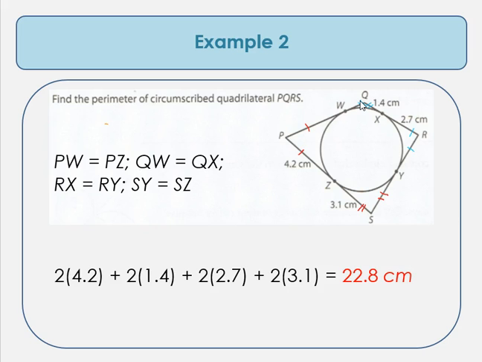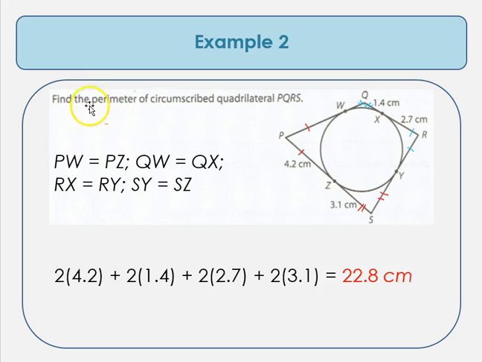So, what do we know? We know that PW equals PZ. And we know that QW equals QX, that RX equals RY, and SY equals SZ.